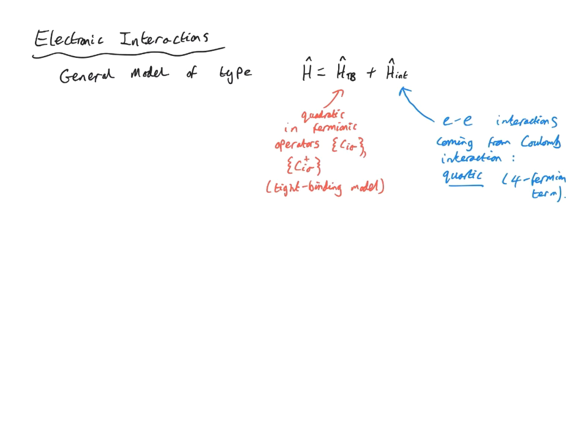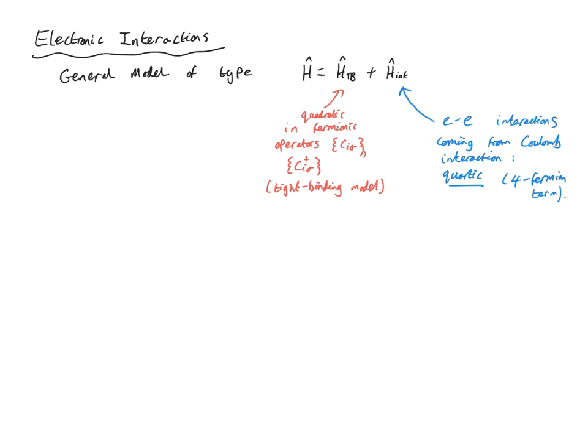We spent a good while looking at tight-binding models, which are quadratic in fermionic operators, but to understand the role of electron interactions, we need to use 4 fermion terms. And we'll see that these are basically density interactions. The interaction between 2 electrons is of the type that I need to know whether an electron over here in orbital I is there or not, and electron here in orbital J is there or not, to determine whether there's an interaction or not.